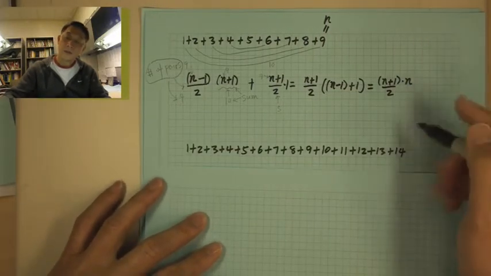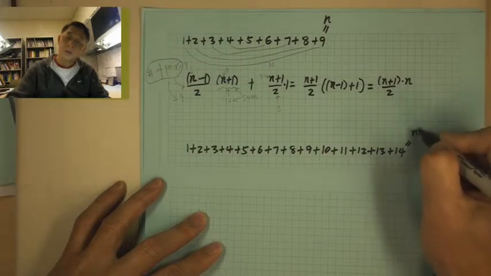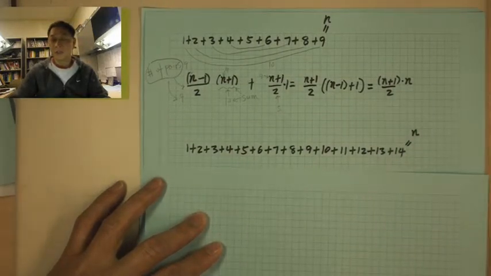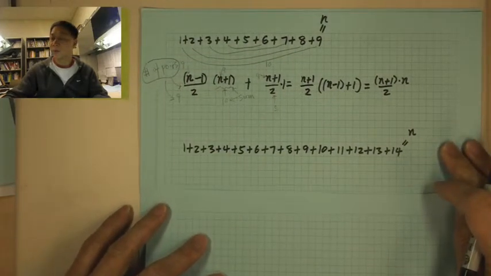This case is n is 14, an even number. For the even number, how are we going to add?